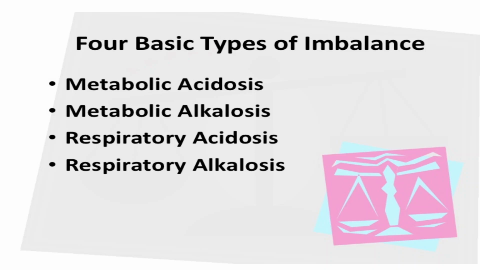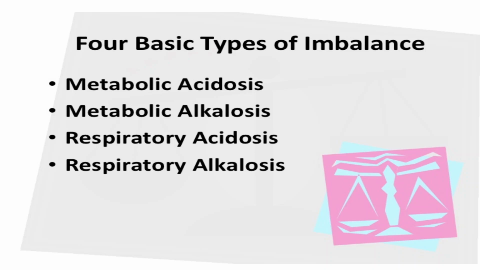Imbalances are mainly categorized into four categories: metabolic acidosis and metabolic alkalosis, and respiratory alkalosis and acidosis. Because from the practical clinical point of view, you need to either regulate the metabolism of these ions, or you'll have to regulate the excretion of these ions through respiration.